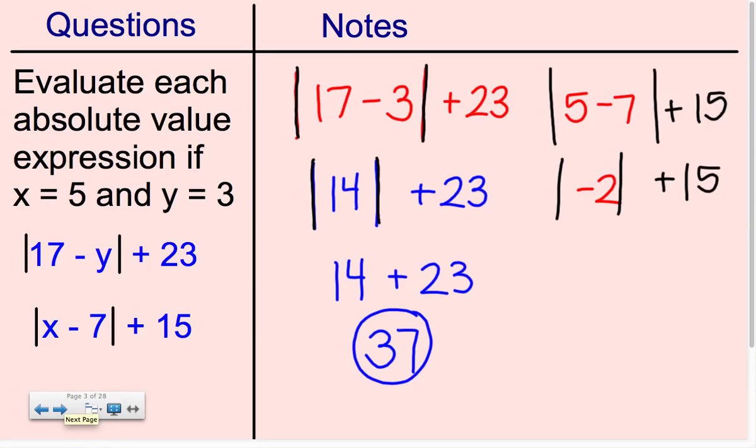So I have just one number inside my absolute value lines now. So I'm going to take the absolute value of that number. The absolute value of negative 2 is 2, plus 15 is 17.